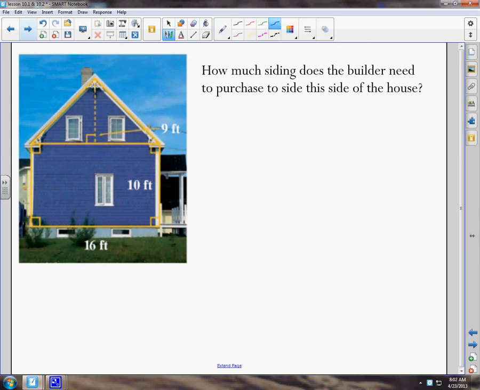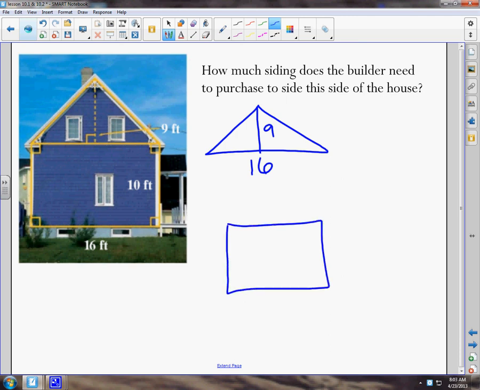All right, so I have two shapes. I have a triangle with a height of 9 and a base of 16. And then I have a rectangle with a side of 10 and a base of 16. First I'm going to do my triangle, 1/2 base times height. So 1/2 times 9 times 16 equals 72.